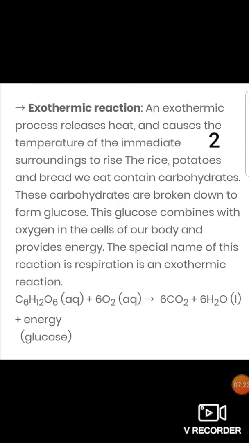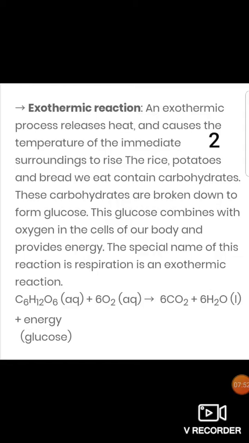When we eat food, rice, potatoes, bread, it breaks down and forms glucose. So this glucose, when it reacts with oxygen which we breathe in, at the same time gives out carbon dioxide and H2O and energy.